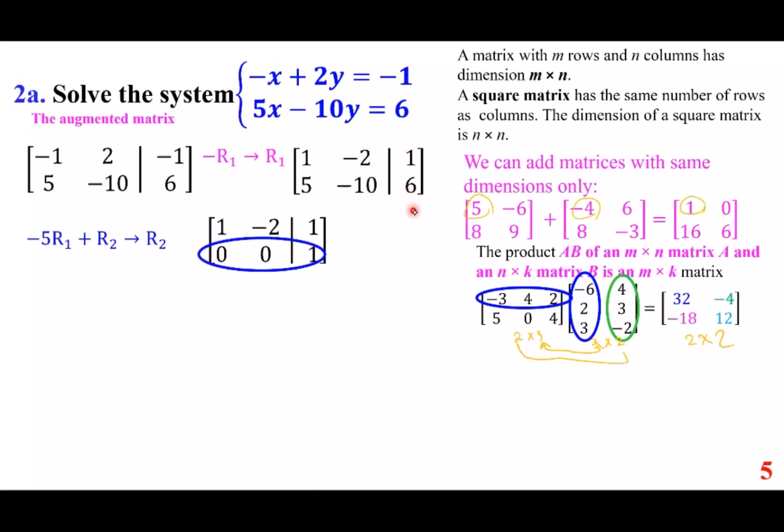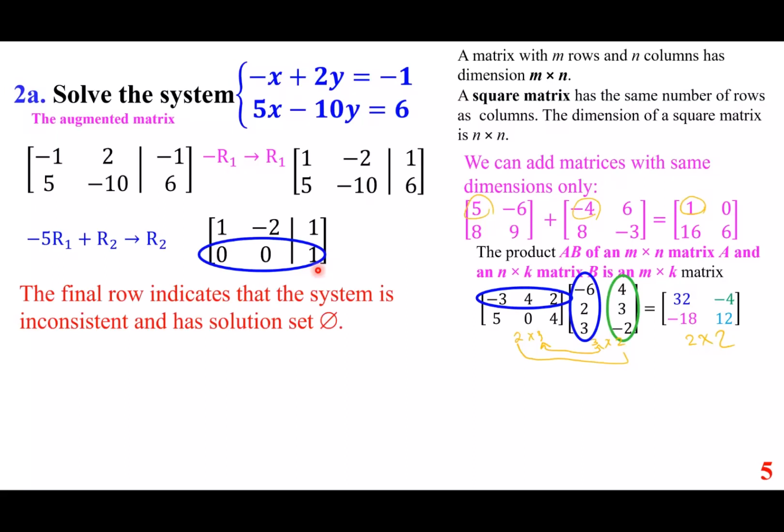And so what happens, if we get to this format, where one row is all zeros except the last entry, this indicates that there is an inconsistent system with no solutions. If they're all zeros, then it's a dependent system. And there could be a way that we get to the answer. I will show you in a moment.